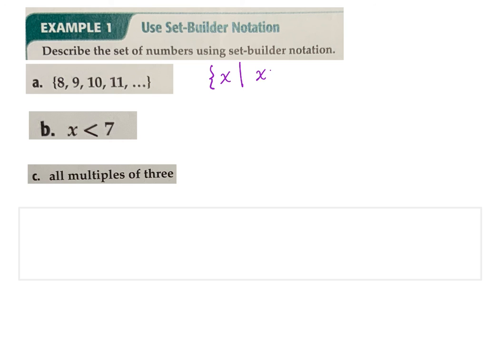Does it look like they're including decimals and fractions in between those numbers? No, it does not. So we are going to define this by either natural, whole, or integer. Any of those is going to be valid based on greater than or equal to 8. They actually used whole numbers, but you could say x is a natural number, or x is a whole number, or x is an integer, as long as you're telling me I'm not talking about the decimals in between there.